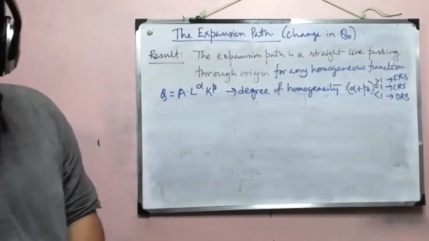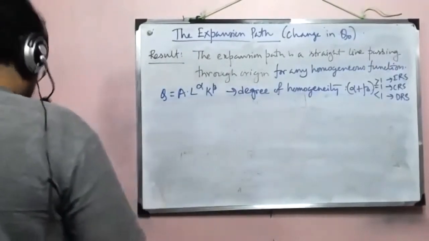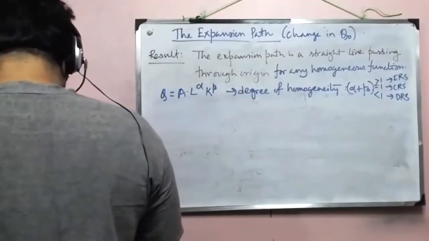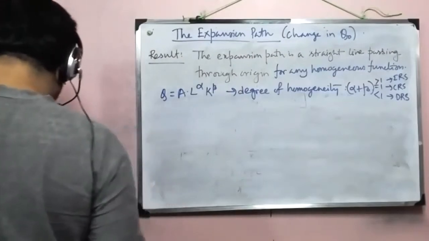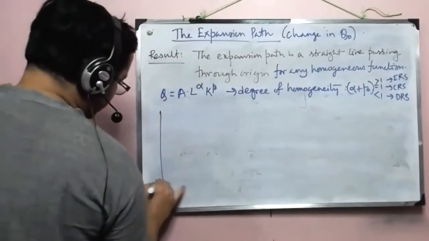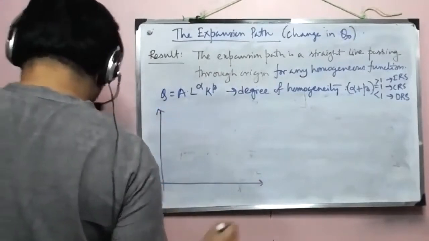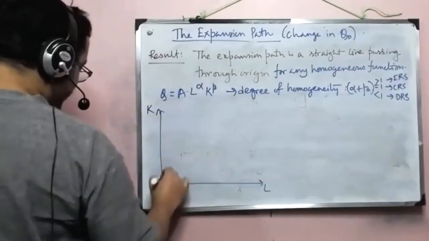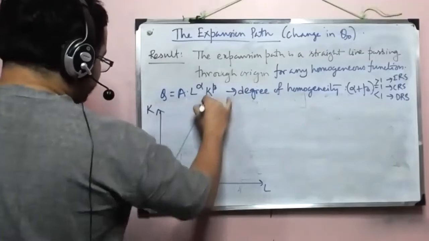Okay, so let's look at two diagrams. One diagram is obviously for what we have found, and the next one is in general. So what we have found is this. Since we have got a straight line, let's draw the straight line first.